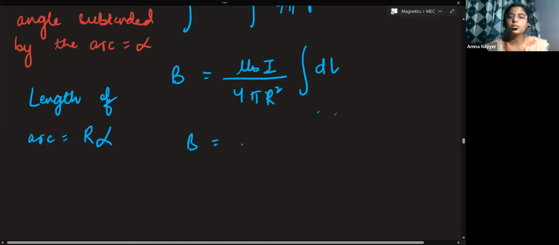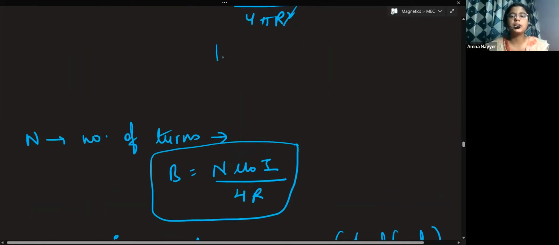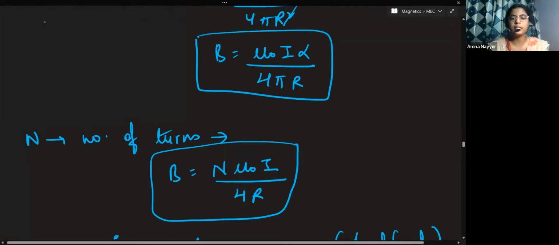So we can write B as mu naught I divided by 4 pi r square into r alpha. So r will get cancelled. The final answer that we get is B equal to mu naught I alpha divided by 4 pi r, where alpha is the angle subtended.